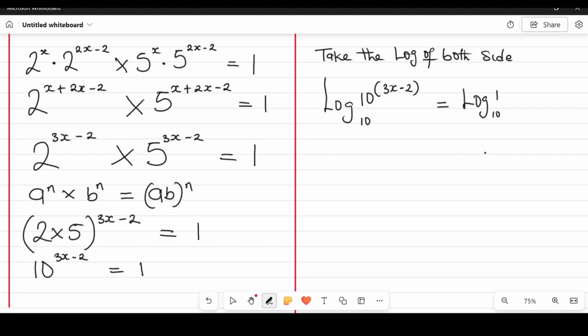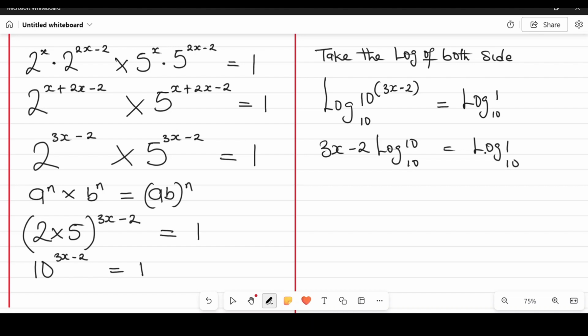So we are going to apply a logarithm law that says that when we have an index in a logarithm, it will multiply the logarithm. So this will be (3x minus 2) log 10 to base 10 equal to log 1 to base 10.